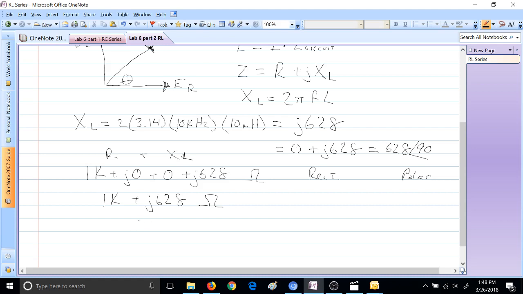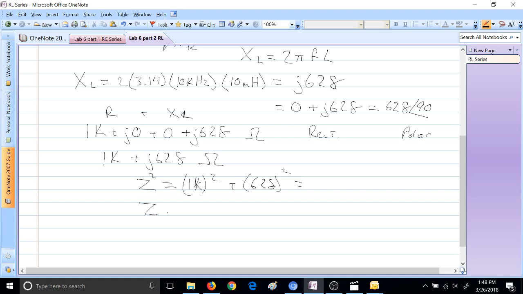So if we want to do that, where Z is equal to the square root of 1K squared plus 628 squared, the resultant, or the magnitude, should be equal to, okay, I'm not going to write all the individual numbers out here, squared plus 628 squared, square root that, something similar to a resultant or a hypotenuse if you're looking at the Pythagorean theorem, 1.18K, or kilo ohms in this case.